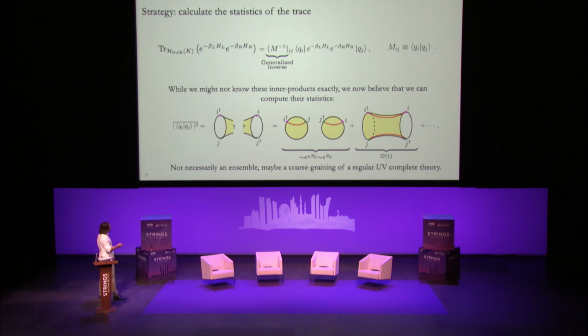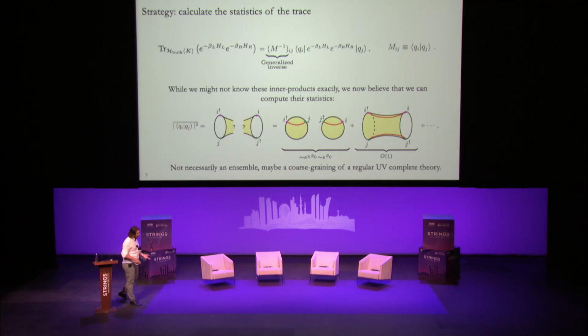In JT gravity, these geometries are weighed by e to the S naught times the Euler characteristic. So this geometry is weighed by e to the 2S naught. Each one of these is weighed by e to the S naught. And this geometry is order 1. So in principle, this correction is small. But it turns out if I consider enough states in h bulk, the correction to the trace due to these wormholes can become very large.